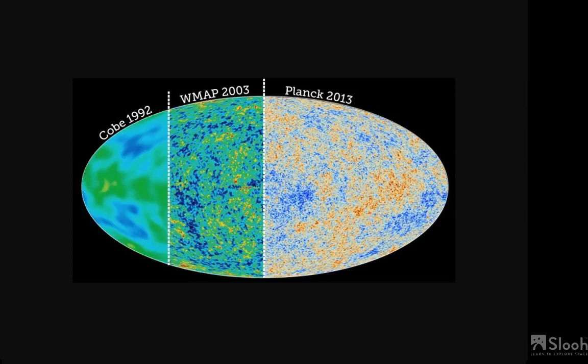So if you were able to put on glasses that could show you the CMB in a visible sense, you would see the whole universe being one uniform color pretty much.